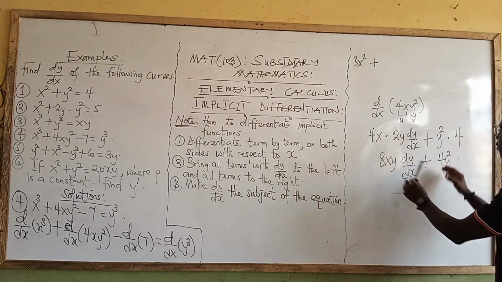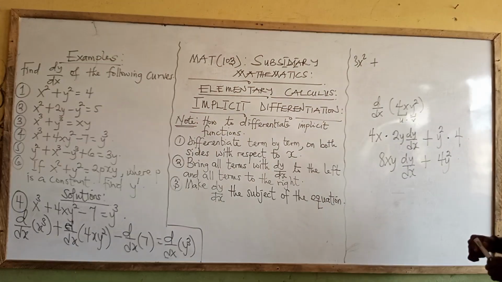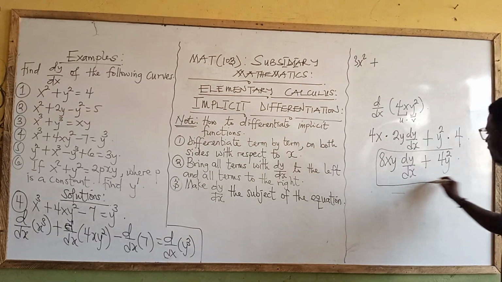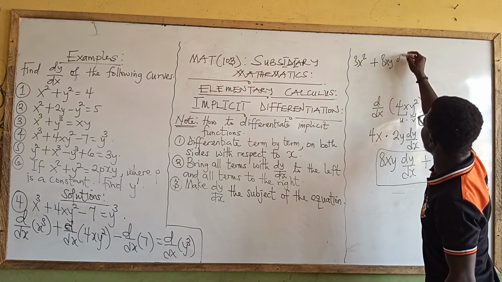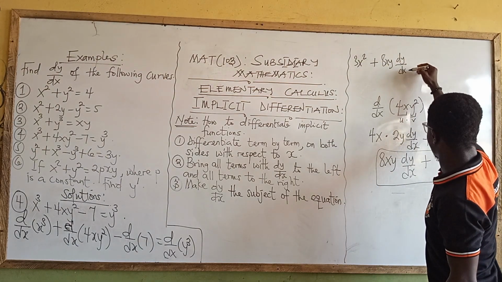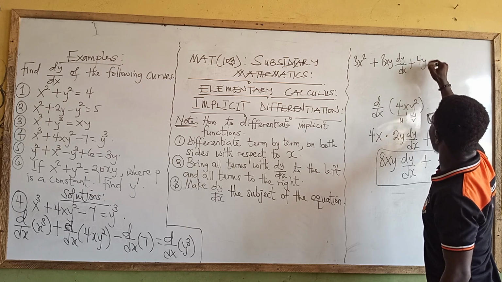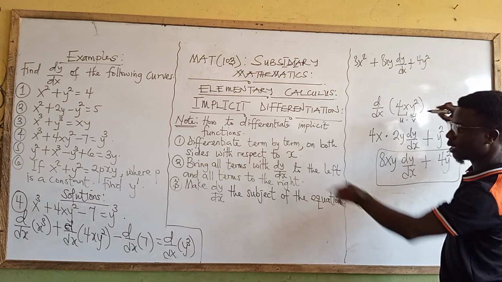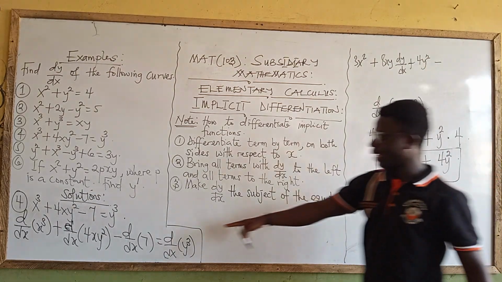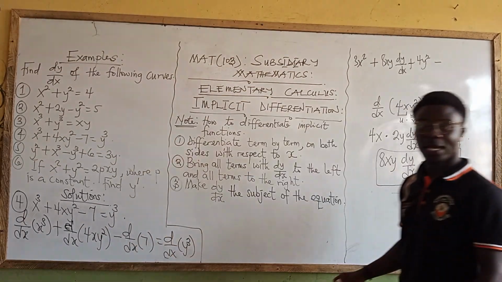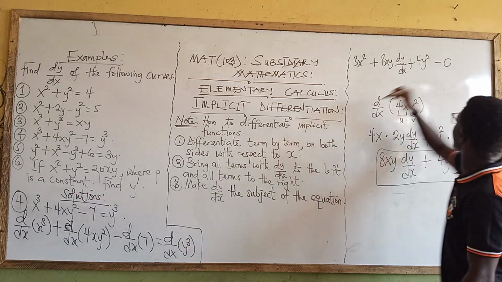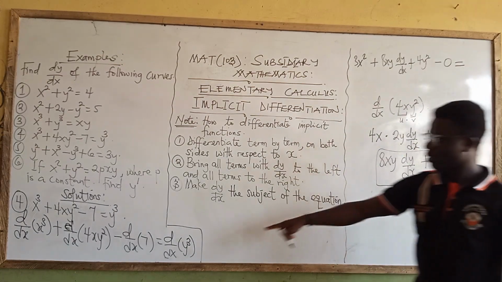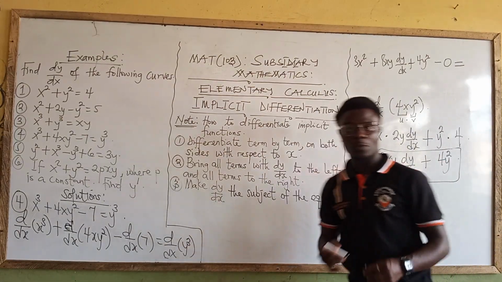So I've done it here, so I'm going to write the whole of this down. I have my 8xy dy over dx plus 4y squared. Then minus, I differentiate this 7 with respect to x, which is a constant, so I get 0, which must be equal to, I differentiate y cubed with respect to x.